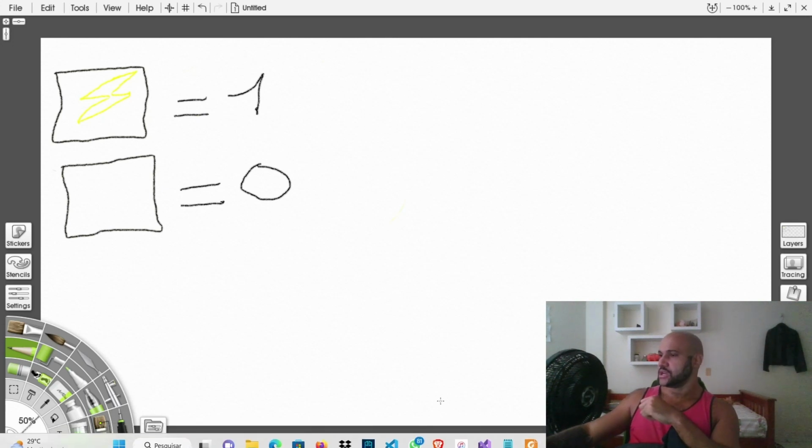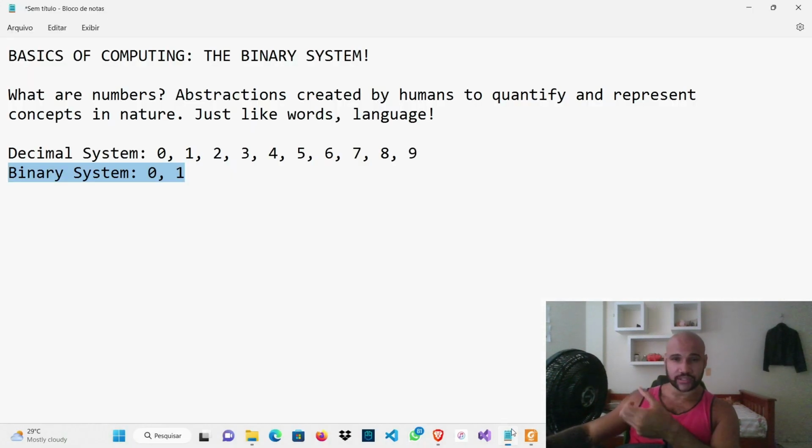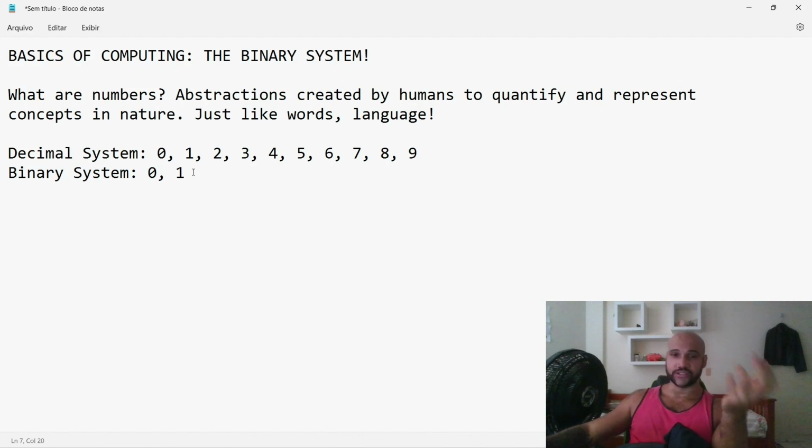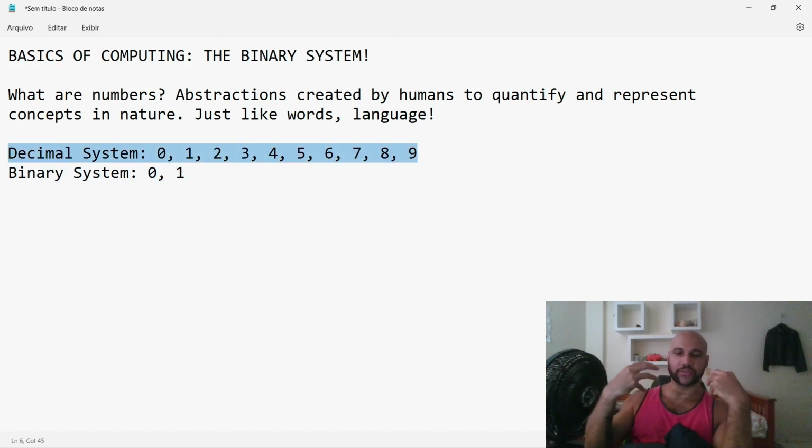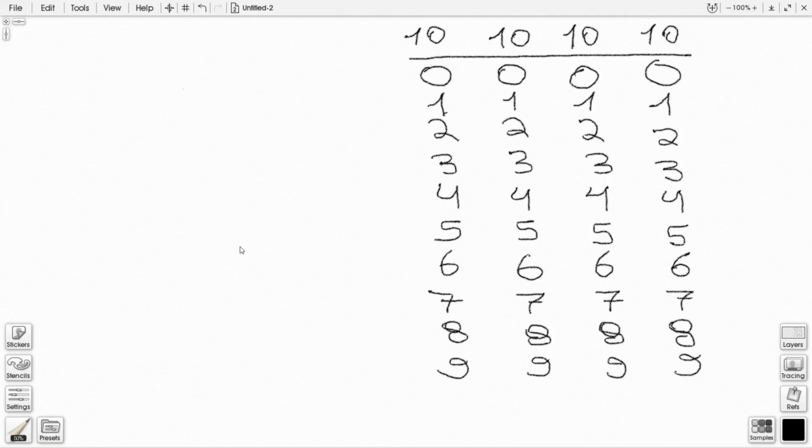But in order to be able to count with ones and zeros, I'm going to take a step back with you, and let's explore how the decimal system, which is the system that we are used to, works a little deeper. So if you allow me to hide myself a little bit, we have here our decimal system.